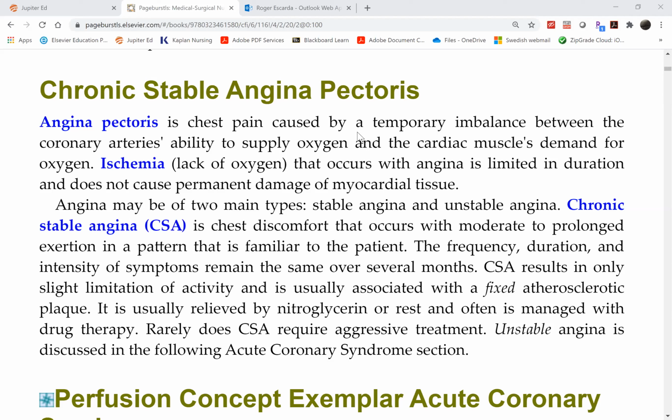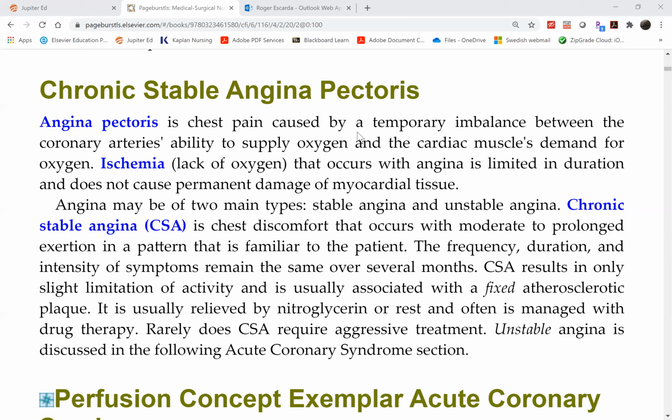During instances of increased oxygen demand, such as exertion, whether it's running up the stairs, shoveling snow, experiencing a severe emotional sensation, or a very stressful event, all of these conditions increase oxygen demand.